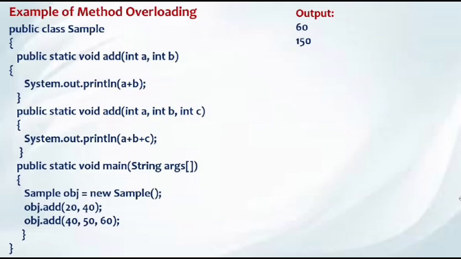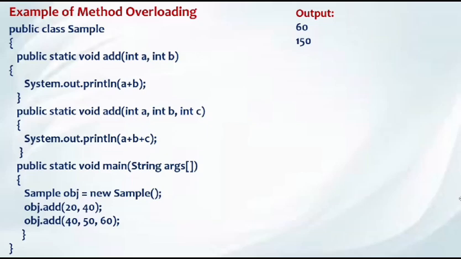In this example, in the class Sample, we have an add function with 2 parameters and another add function with 3 parameters. Whenever we call it passing 3 parameters, the second add function, add of int a, int b and int c, will be executed.